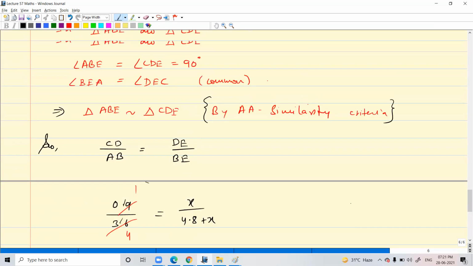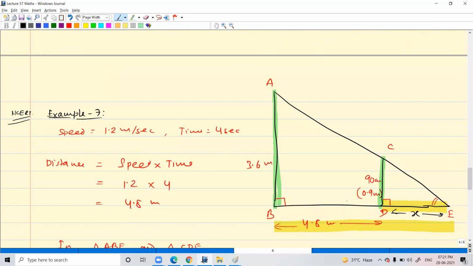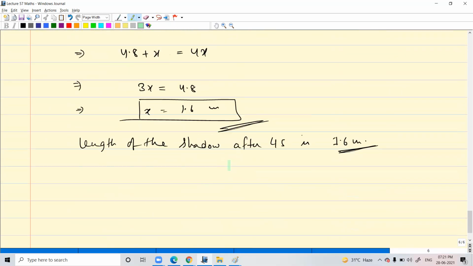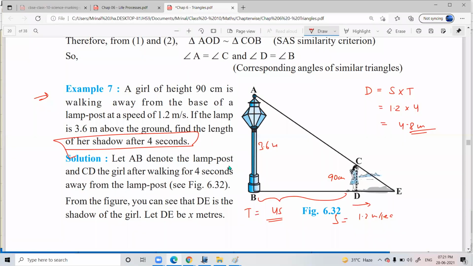In this question, it was given as after 4 seconds. In some other problem, they might give some other seconds also. You should be able to find the distance, this distance, if the speed is given. So try to learn the process, not just the answer.